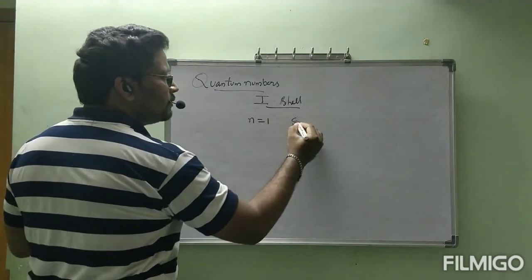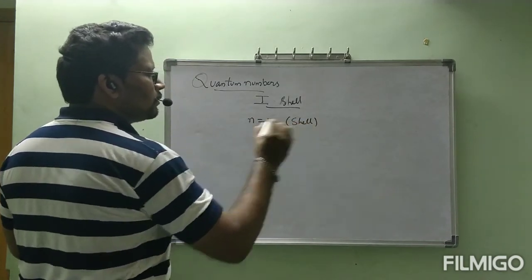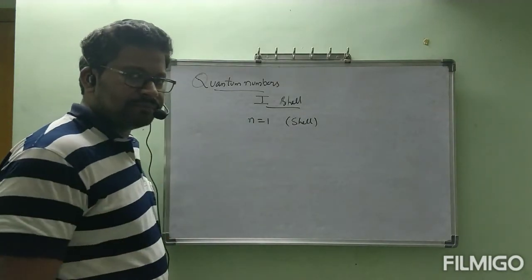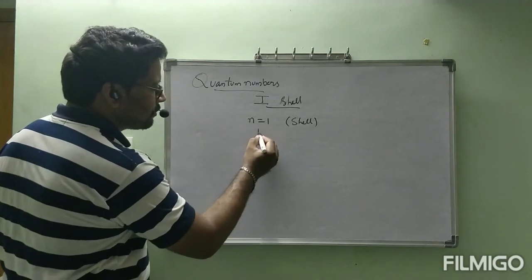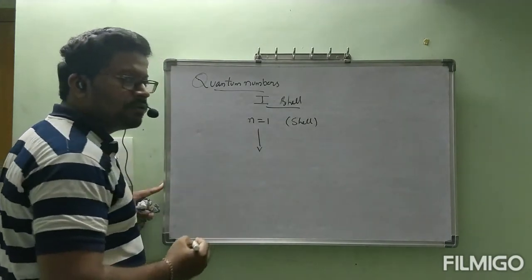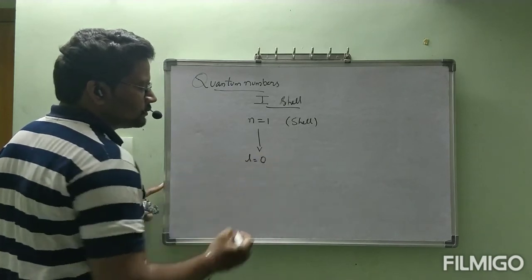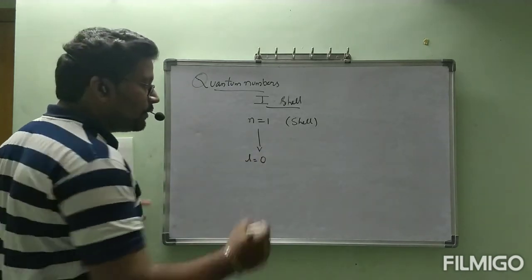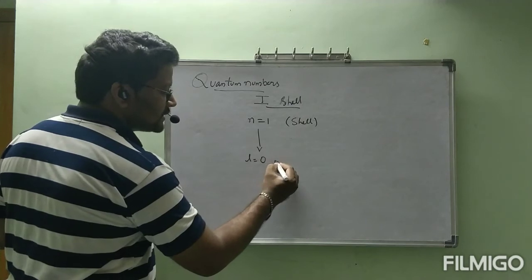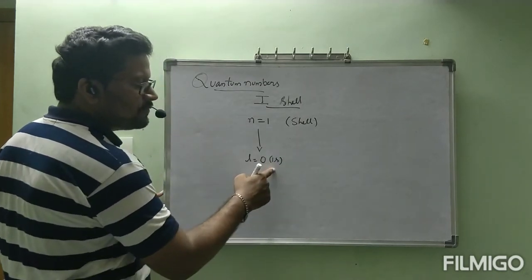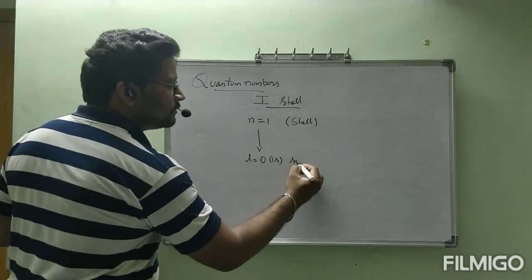This is the shell. Now n is equal to 1 has one subshell. Its l value is 0. What is that? l is equal to 0 means s. It is 1s. This l is equal to 0 is called 1s. This is the subshell.